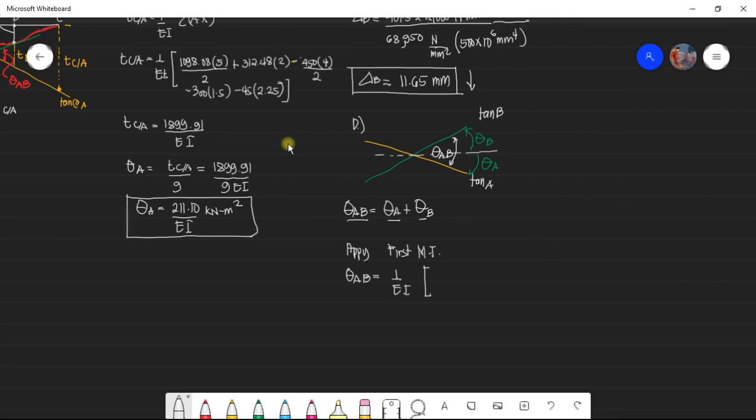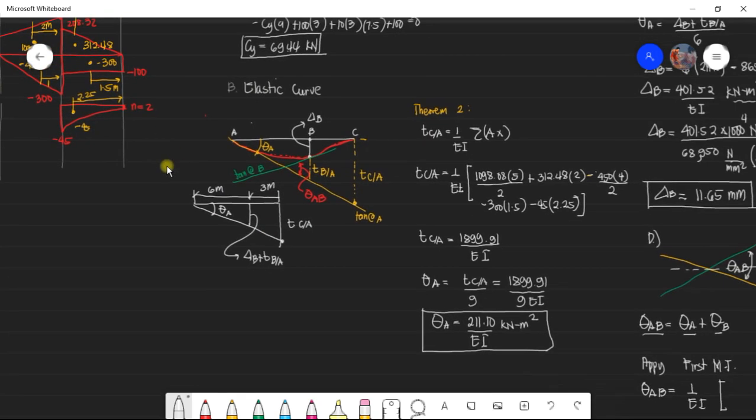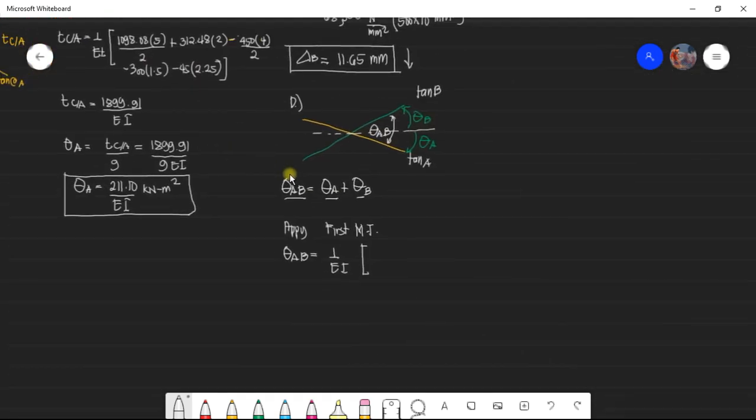So, the area between AB is 1090 and 450. So, 1090.08 over 2EI, so 2, minus 450 over EI.